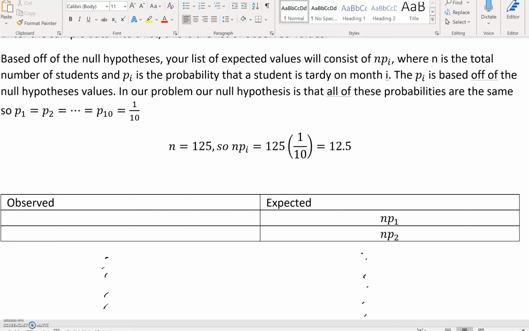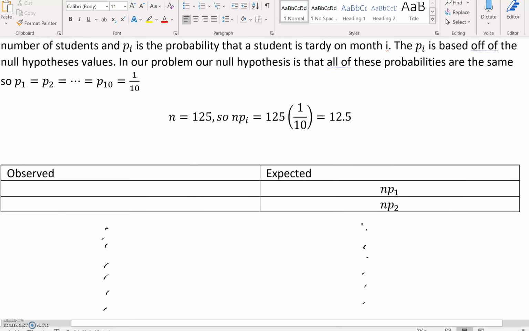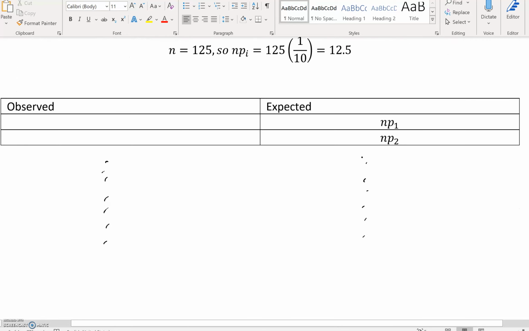In that data table, there were 125 students in total. So each expected value is going to be n, 125, multiplied by the probability that a student is tardy in any given month, which is 1 out of 10. So I entered 12.5 for each of those. This is what, in general, your lists should look like. One list consists of the observed. The second consists of the expected.